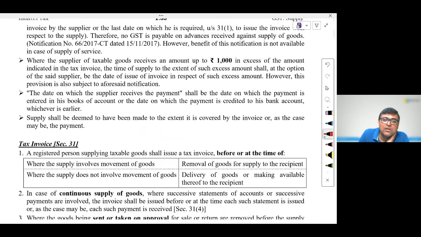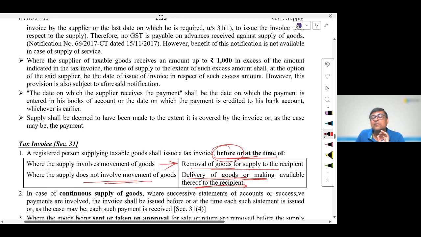If the supply involves movement of goods, you are required to issue the invoice before or at the time of removal of goods for supply to the recipient. If your supply does not involve movement of goods, then it is the delivery of goods or making available thereof to the recipient. That means you are supposed to issue the invoice before or at the time of delivery of goods or making available thereof to the recipient. Clear?